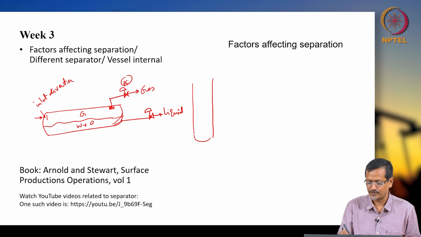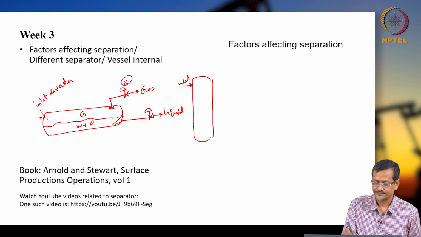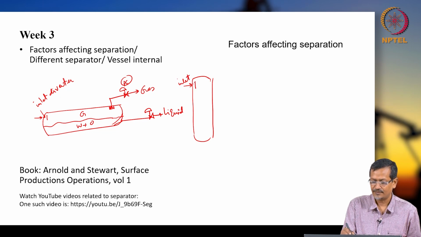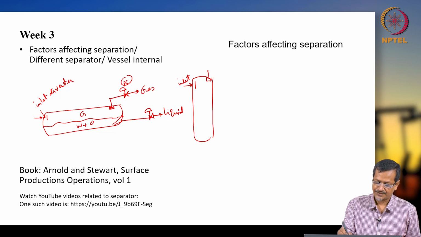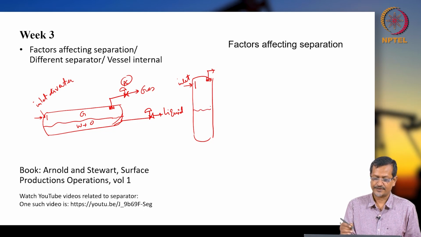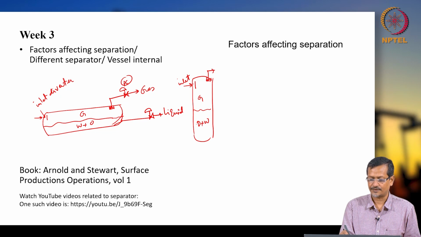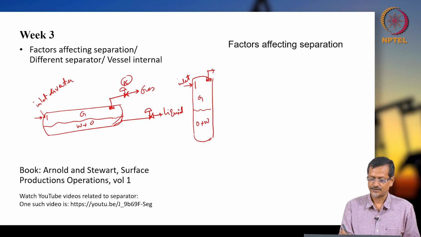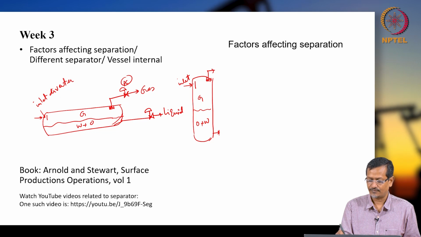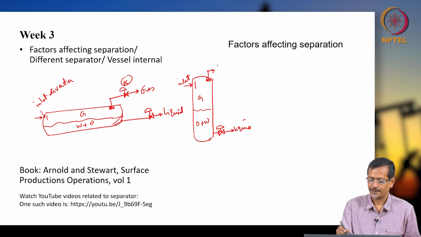Now in a similar way, if I draw a vertical separator, again we will have an inlet and a flow diverter, and we will have a mist extractor. I am drawing side by side so that you can understand the difference. If it is two phase, you are creating gas and oil plus water, so you will have a water out valve for the water and oil mixture, liquid, and this is gas.